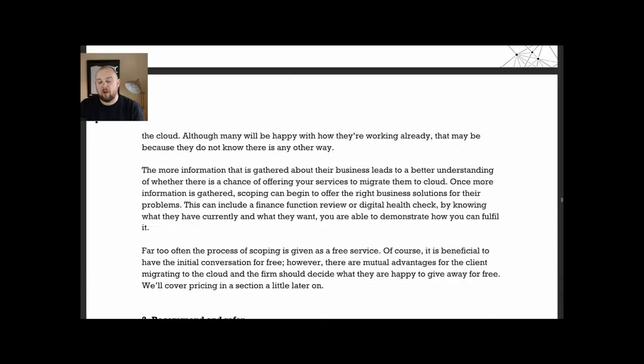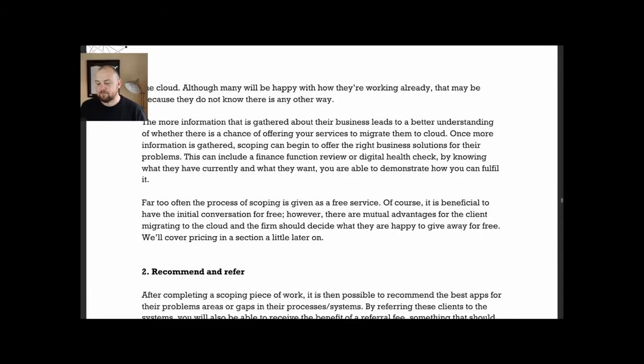So there should be a high level understanding of what they need and a check of the compatibility between the two parties. And then there should be a low level scoping where you're going to go into exactly what they do in their purchasing and their sales and their approvals and their reporting and whatever else is linked in there, where you go low level. So that's your scoping understood, but it shouldn't be given away for free, that's for sure.